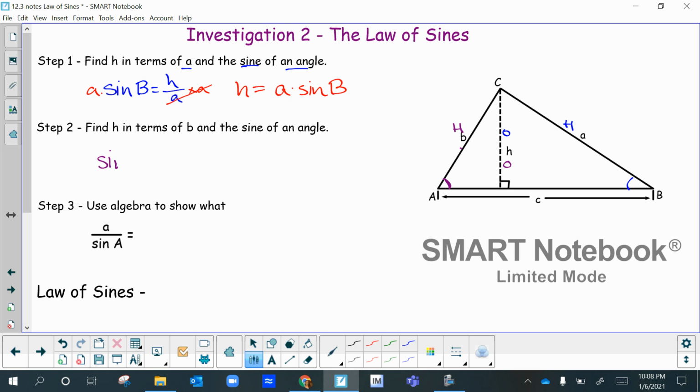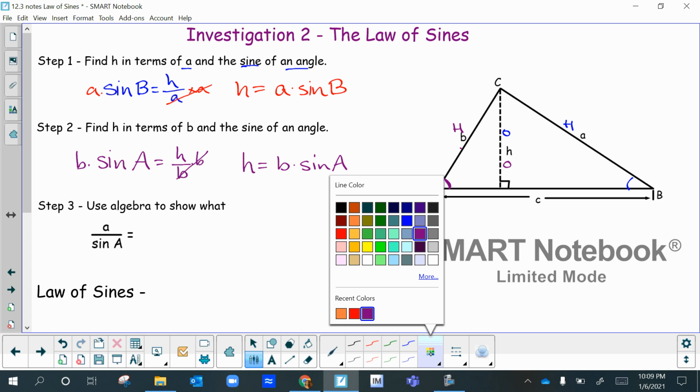So we're going to say sine of angle A equals H over B. So just like we did up here, we want to solve for H. So we're going to multiply both sides by B. Whatever you do to one side, you must do to the other. So here we have H equals B times sine of A. Okay, so think about this for a second. Okay, I'm going to box both of them.